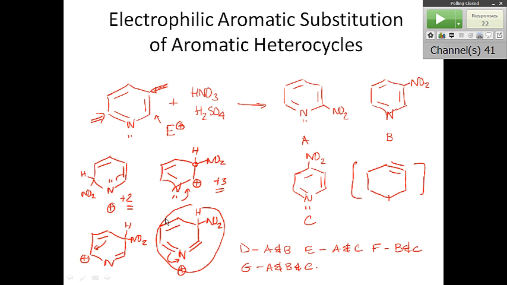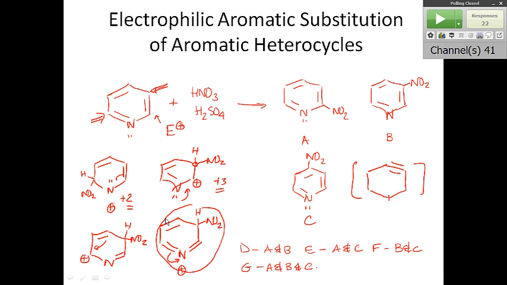Ultimately, here's what we base our choice on: what the reaction does. So if we take pyridine and we add NO2 to it, we get product B as our product.